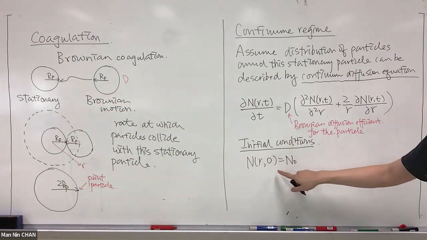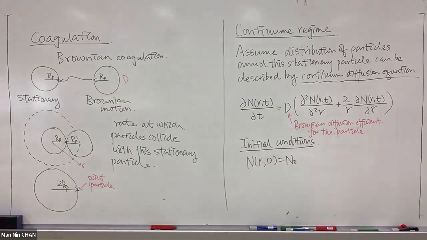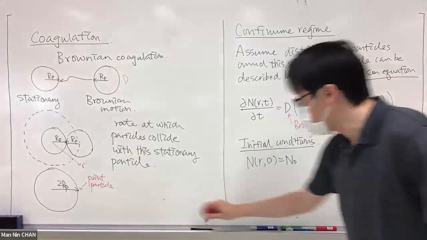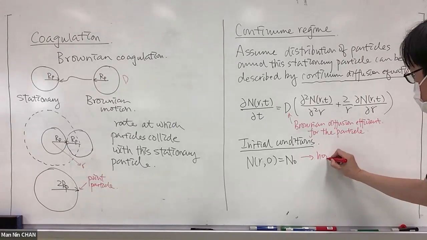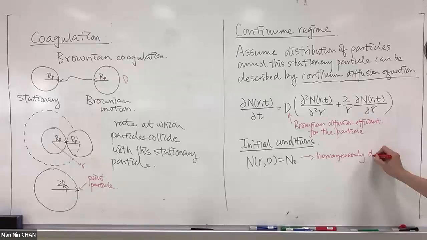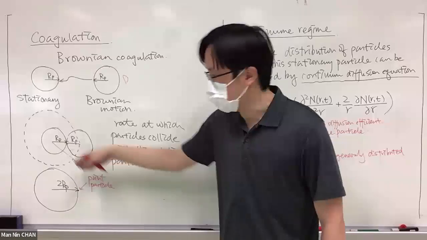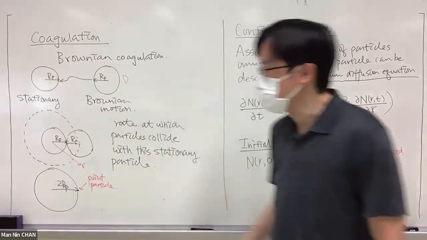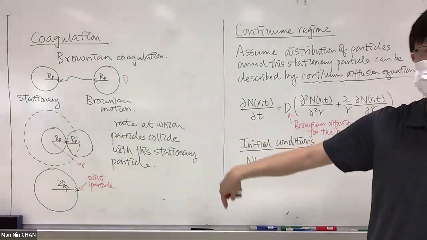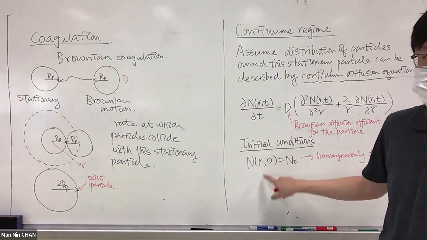That means at the beginning it is n0. The idea is that you have a homogeneous distribution, a uniform concentration of your particles along the R direction at the beginning, at time equal to 0.